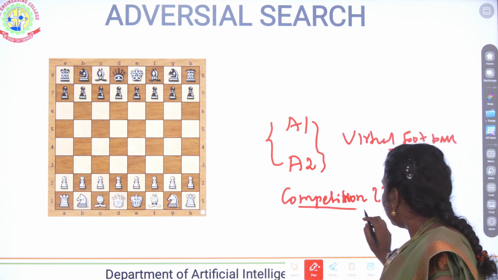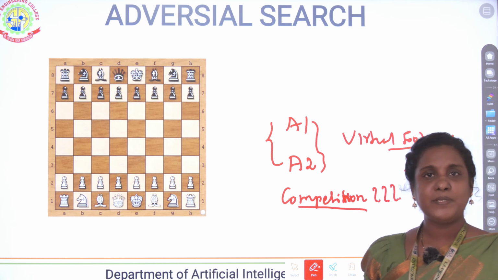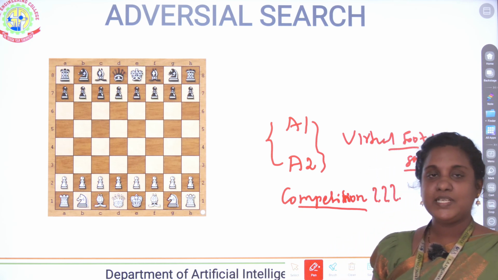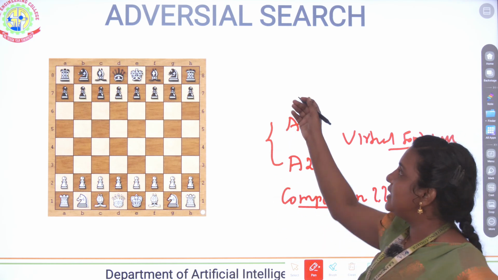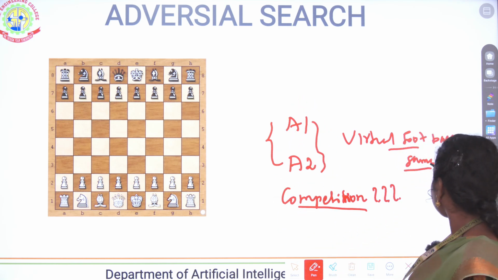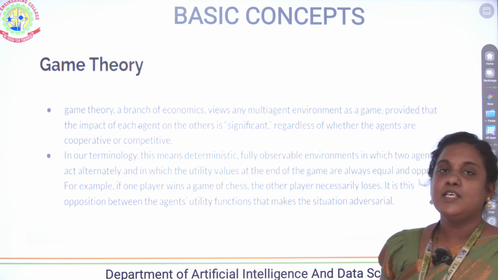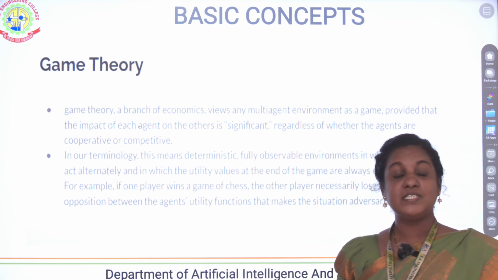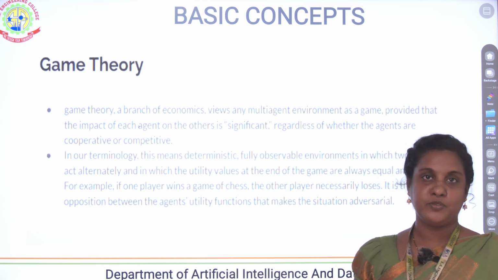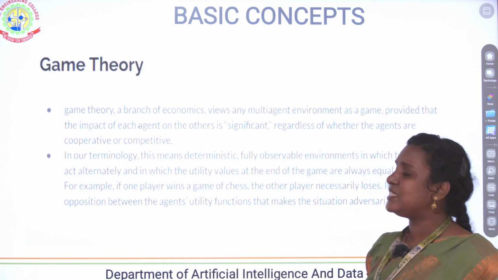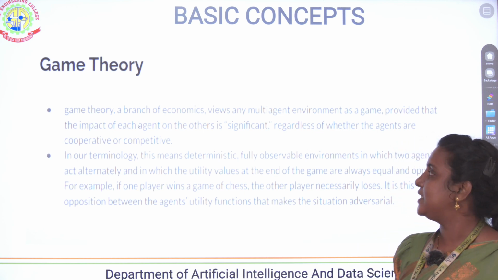So, when it comes to a competitive environment, we need an efficient search algorithm, and that is called adversarial search. Before moving to adversarial search algorithms like the minimax algorithm and the alpha beta pruning algorithm, we will see the basic concepts of game theory.